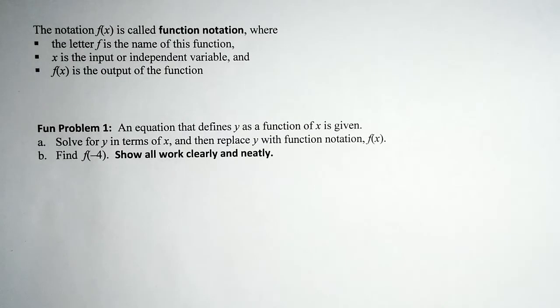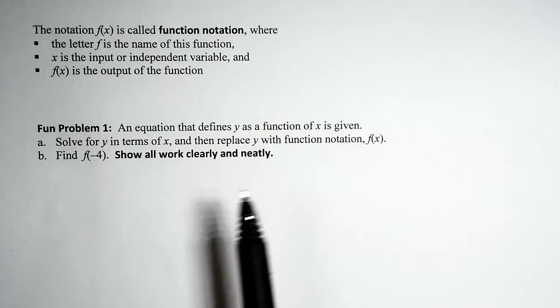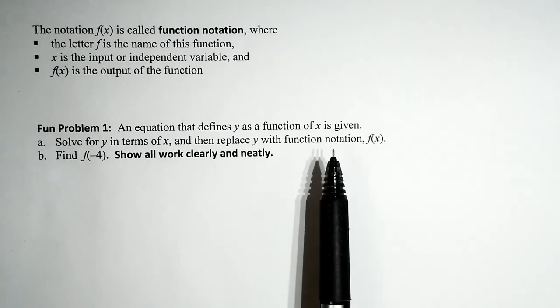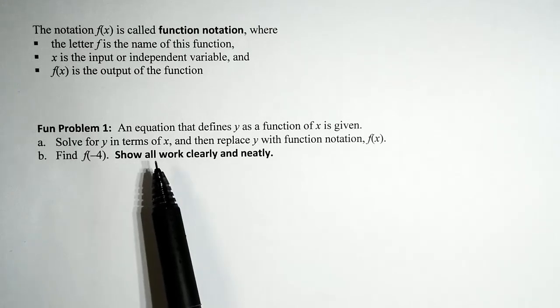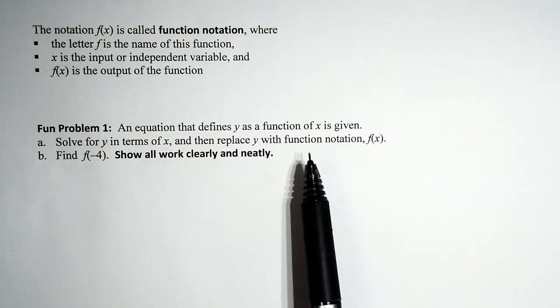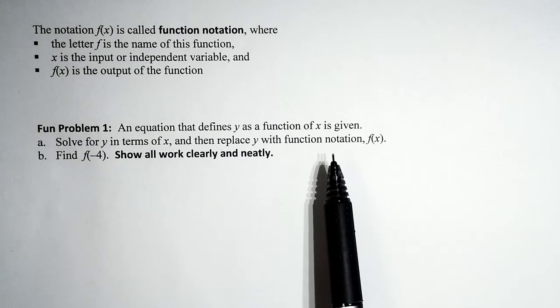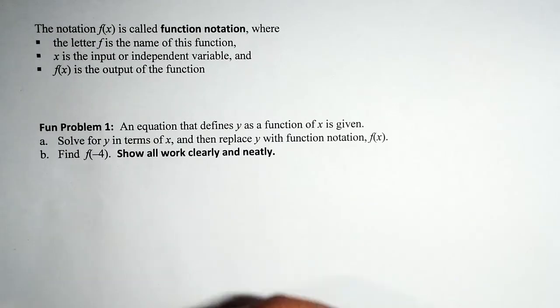So fun problem number 1 reads, an equation that defines y as a function of x is given. Problem A: solve for y in terms of x, then replace y with function notation f of x. I think I forgot to give you the actual problem. So let's do this.